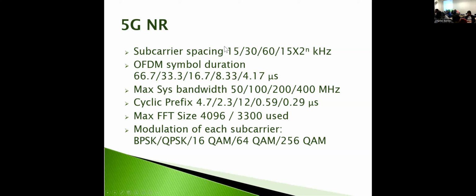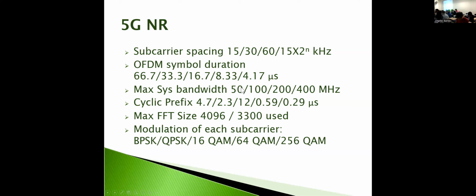But then as we go to wider subcarrier spacings, we end up with narrower OFDM symbol durations. So this translates into maximum system bandwidths of nominally 50 megahertz with these type of values, right? But it can go up to 400 megahertz.